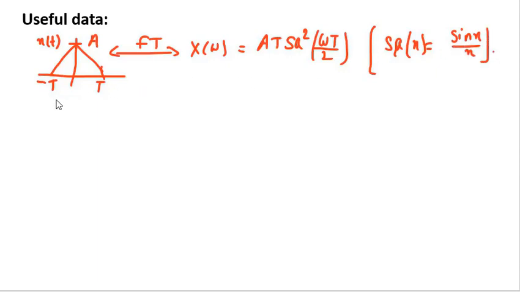So if you have a triangular function which is defined from minus 1 to 1 and amplitude is 1, then you can write the Fourier transform. If A equal to 1 and T equal to 1, then you can write the Fourier transform as X of omega is equal to sampling square of omega by 2.